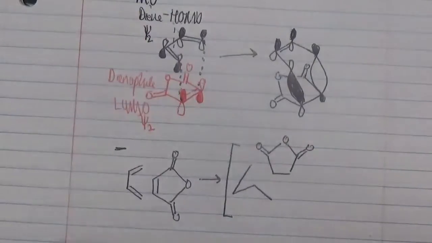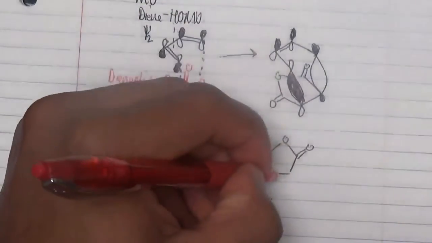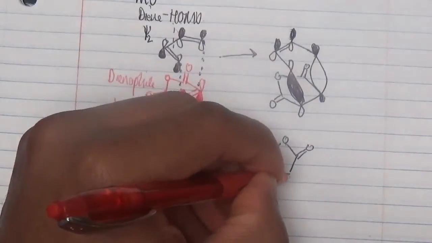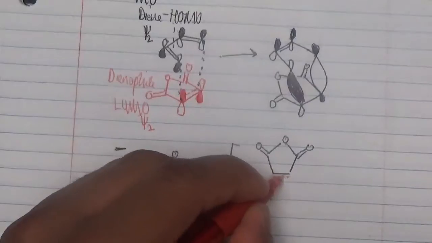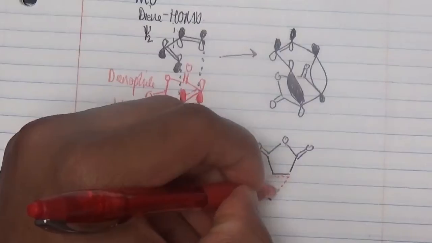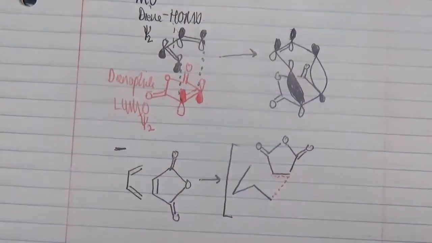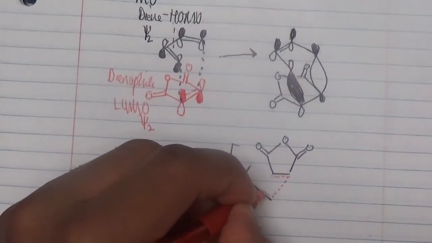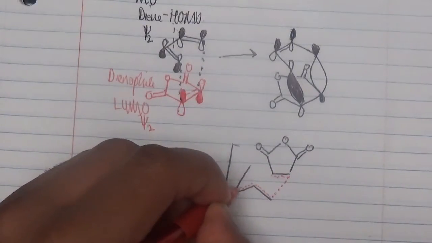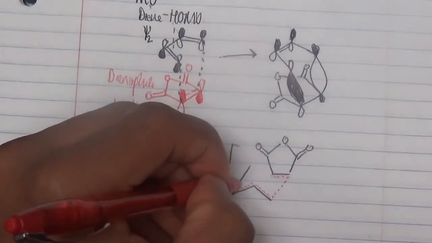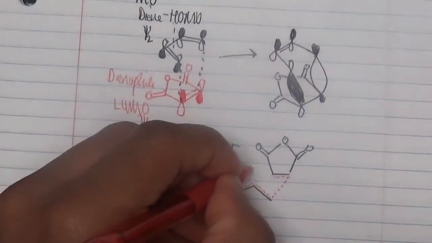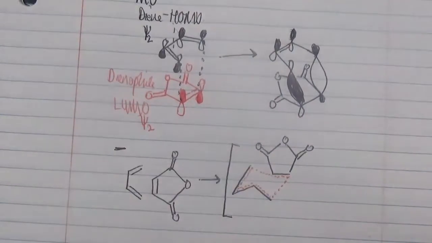And what happens here is that we're going to have our delocalization of electrons moving, because this is the disappearance of our pi bond over here, and this is the appearance of our sigma bond over here, and this is the disappearance of our pi bond over here, the appearance of our pi bond over here, disappearance of our pi bond over here, and the appearance of our sigma bond over here.